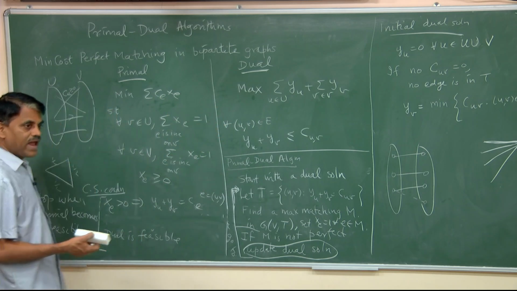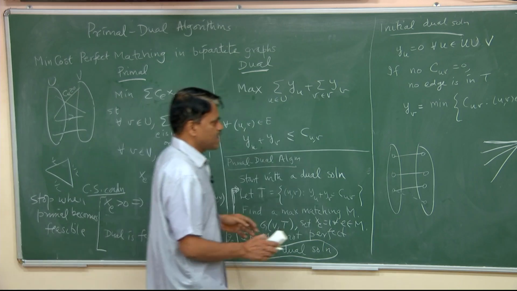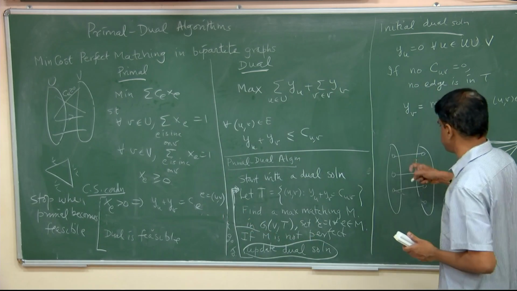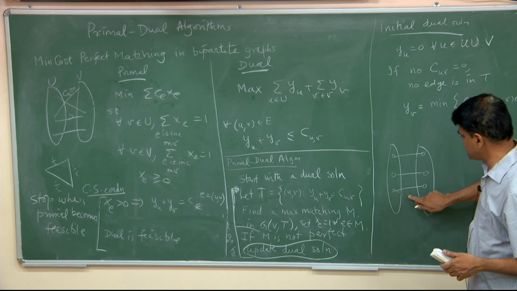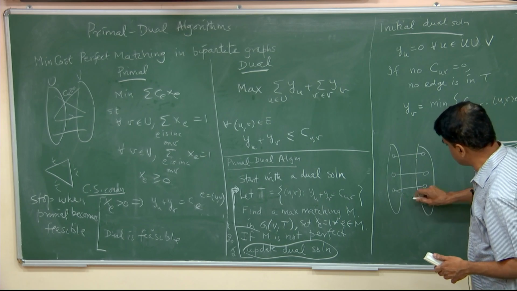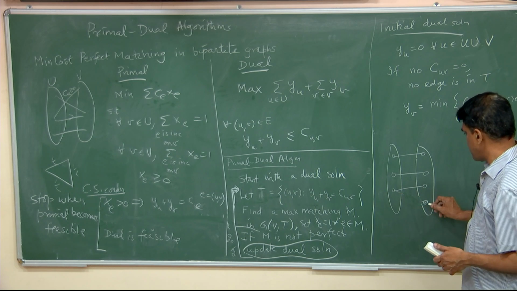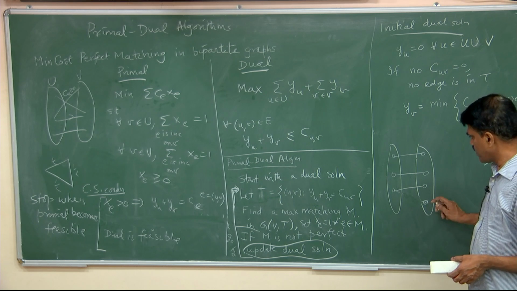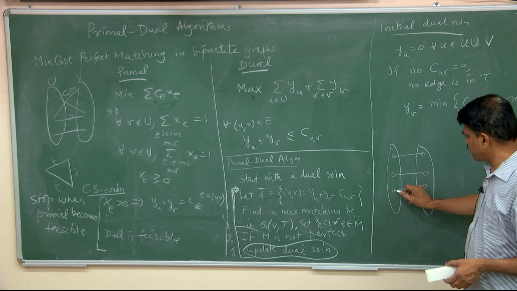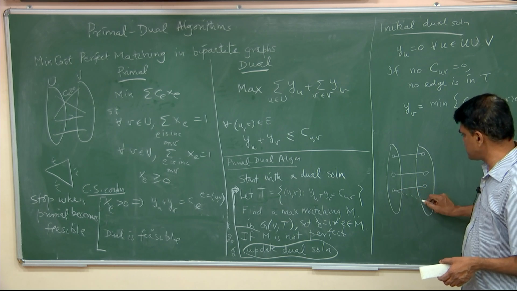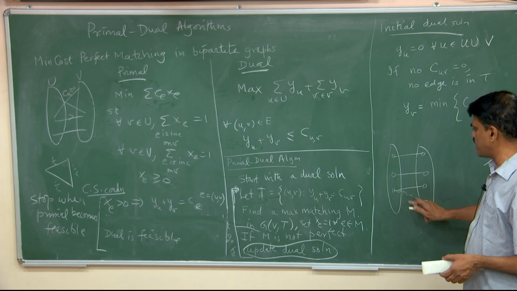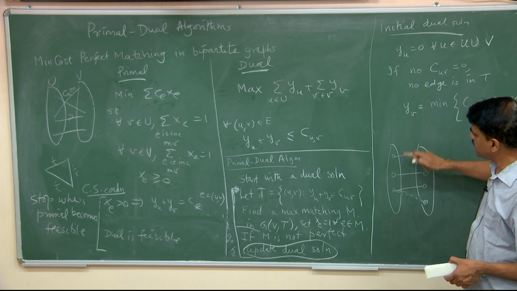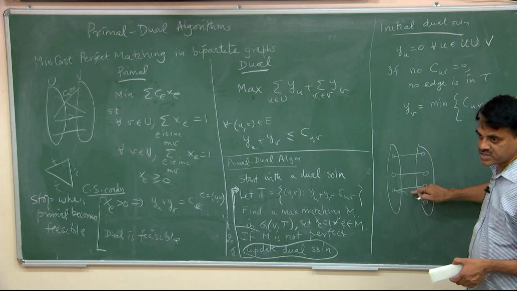I argue that at the end it will be the same. The reason is this: suppose these are the edges in my matching, only these three edges, but there is some other vertex which has a non-zero Y, and I am not able to add another edge for it. Then the primal objective function would be the sum of these three capacities.